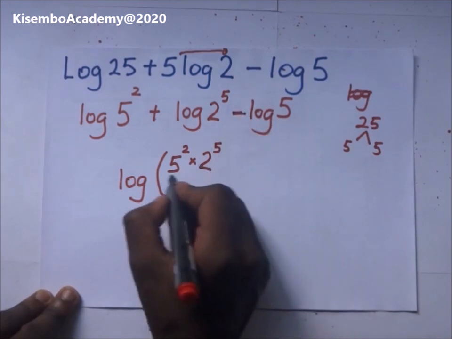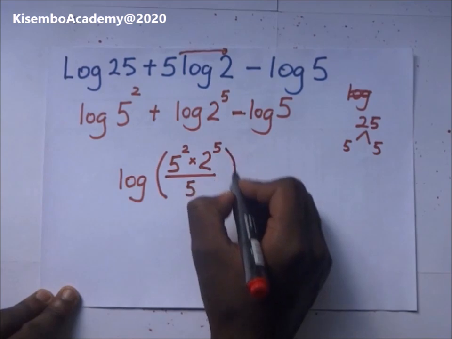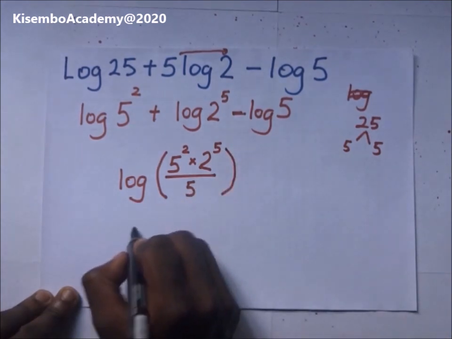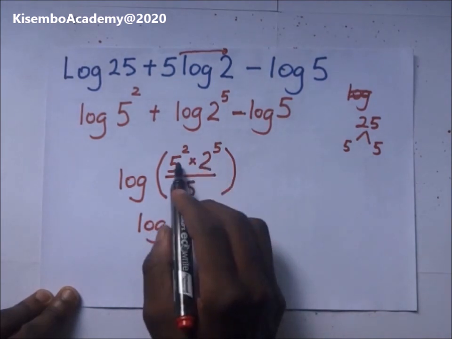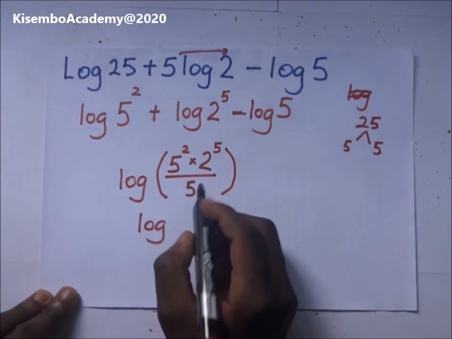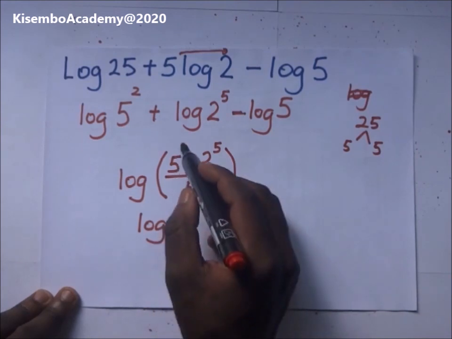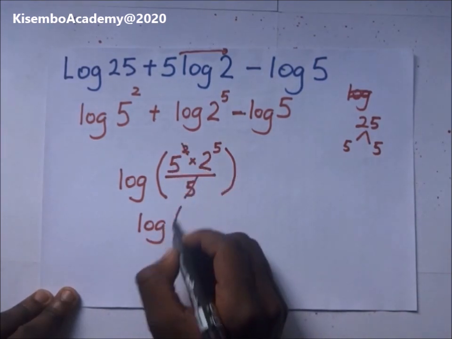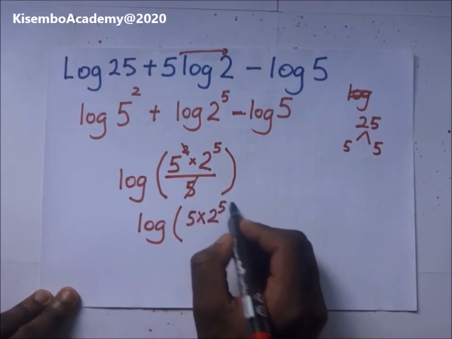Since this is minus, it means we shall divide by 5. And so definitely our answer here is going to be, our logarithm will be 5 squared, this 5 will cancel with one of those 5s. You remain with 5 times 2 to the power 5.